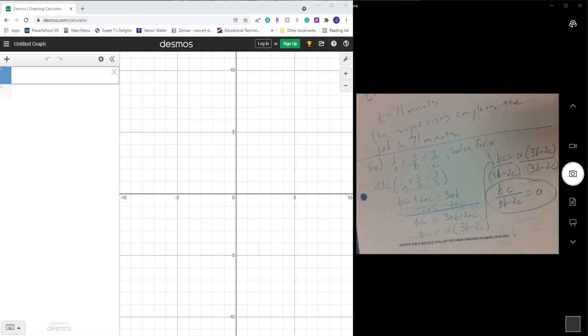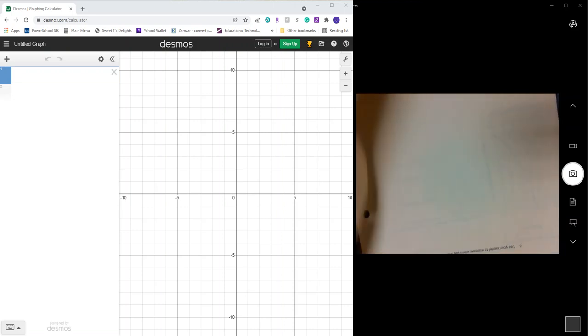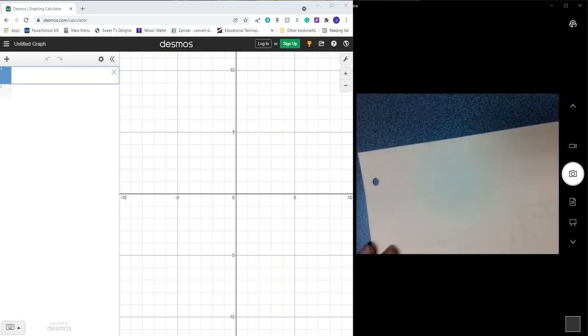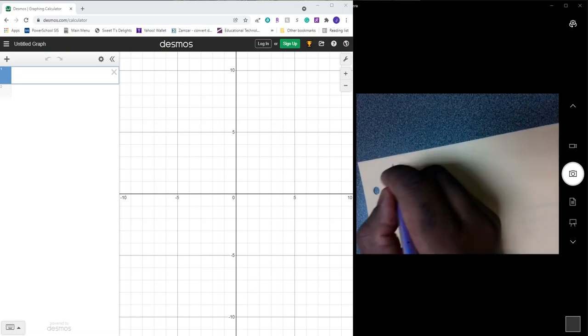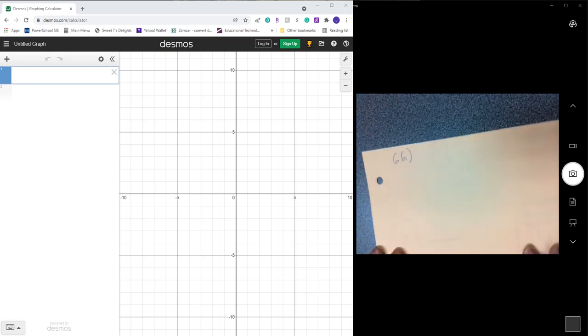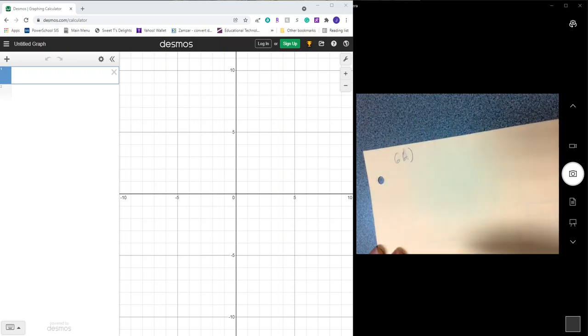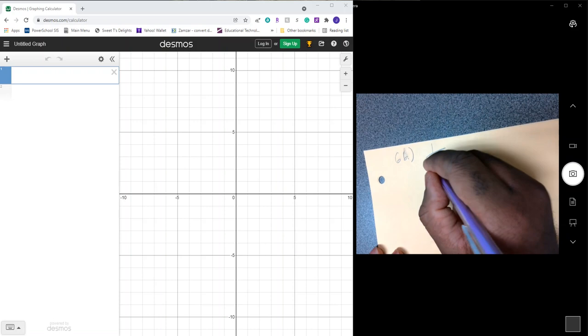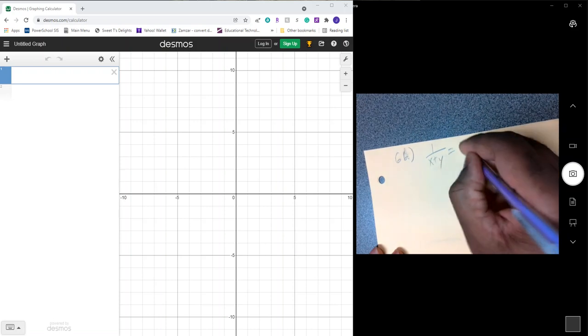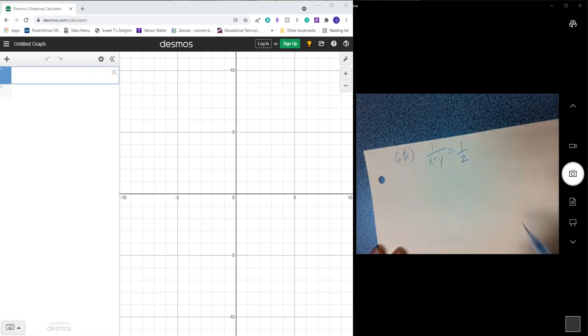Okay, now, the next step, we will go to 6b. All right, now, with 6b, we will have 1 over x plus y is equal to 1 over z. And we're solving for x. So now we need to get rid of these denominators.